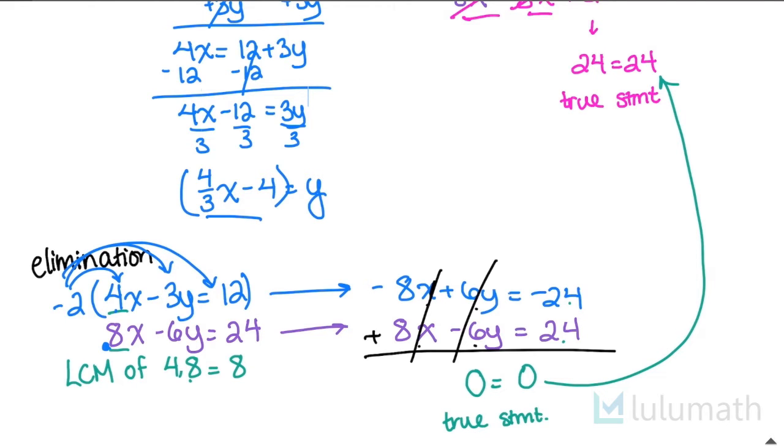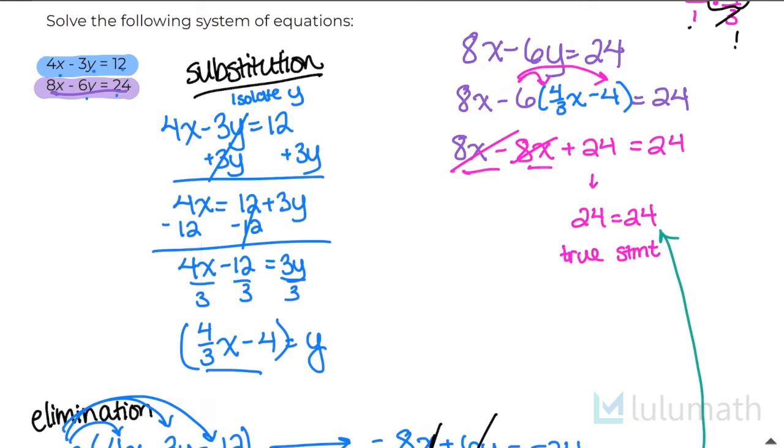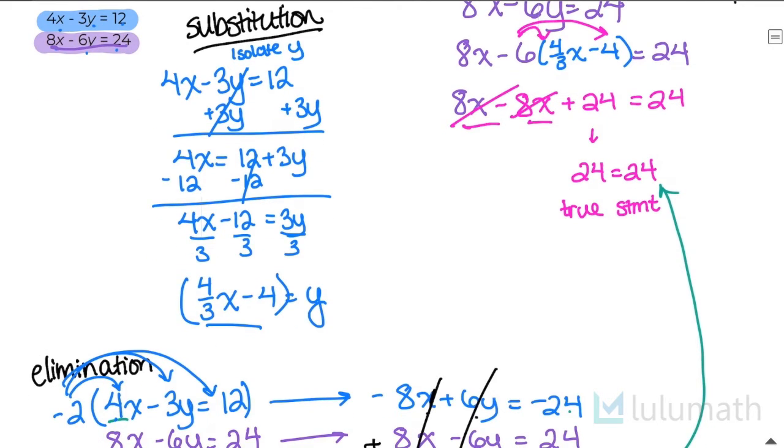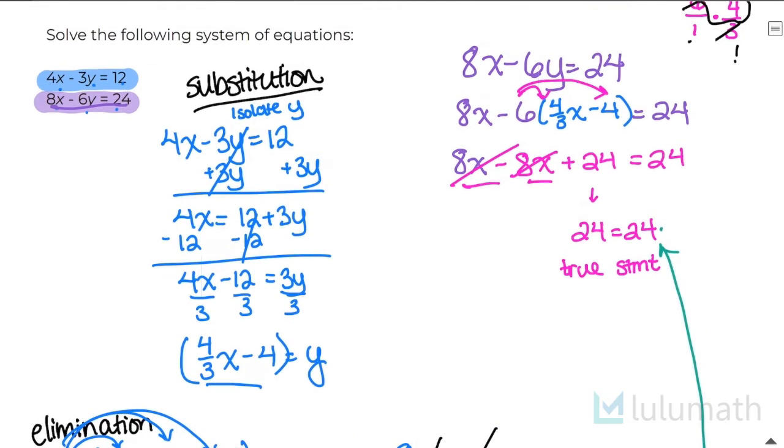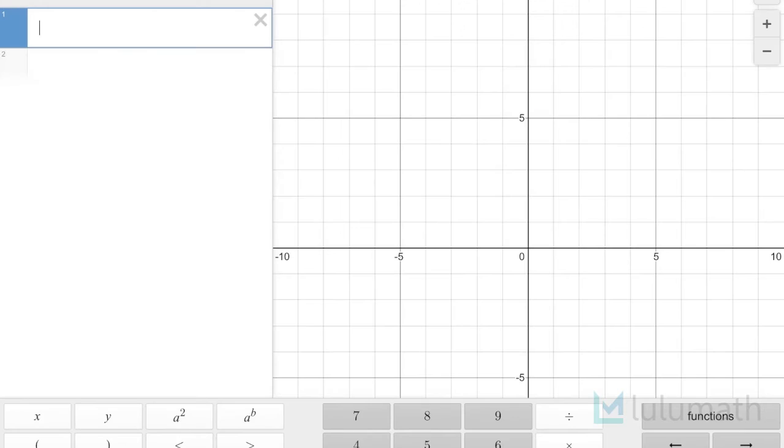So what is happening? I think getting a visual picture of what's going on is going to help us understand why we end up getting these very strange solutions to this system of equations. So I'm going to take Desmos and write both of these equations into Desmos.